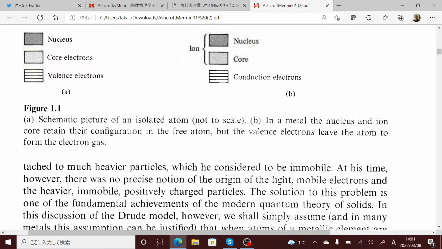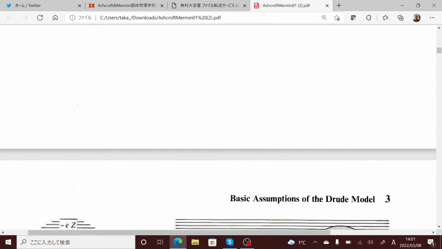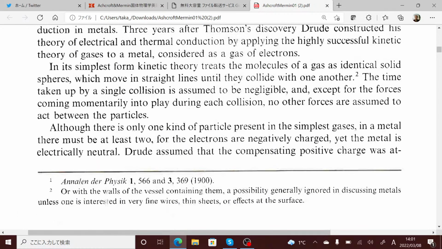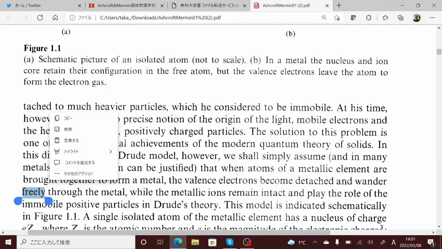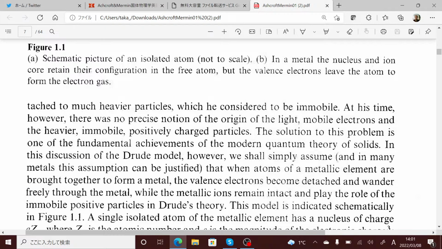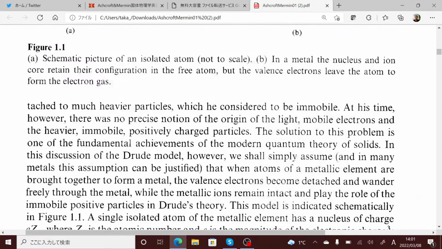At his time, however, there was no precise notion of the origin of the light mobile electrons and the heavier immobile positively charged particles.